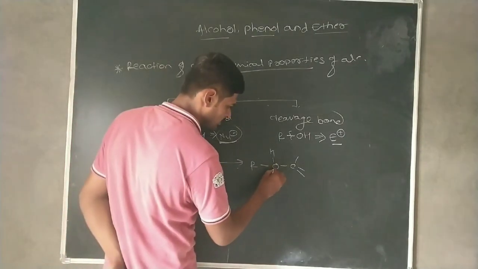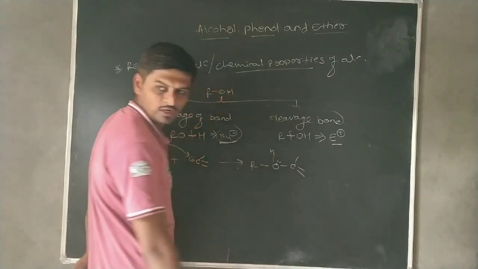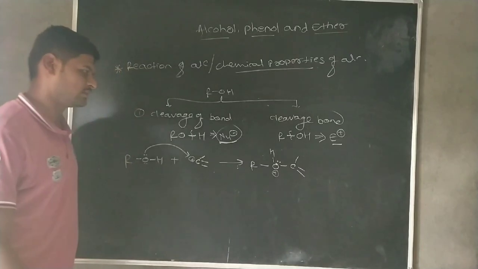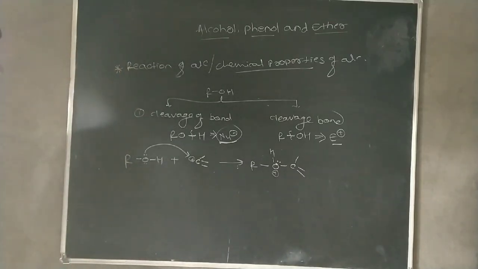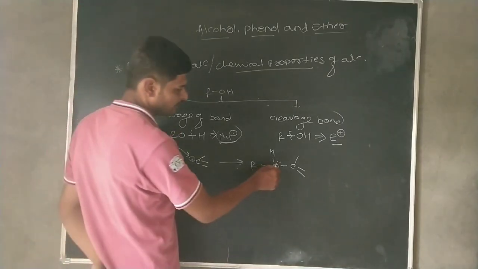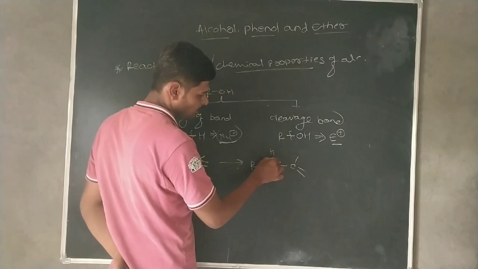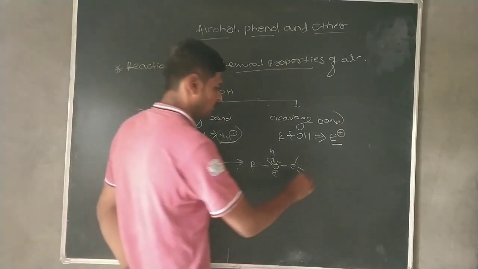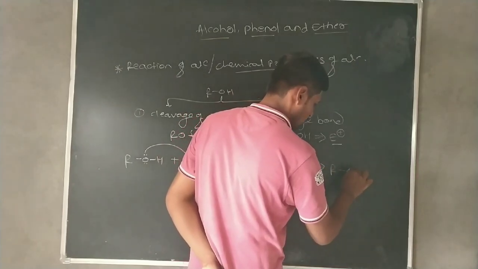After bond formation, the oxygen uses one lone pair, and therefore this oxygen carries the positive charge, and there is a formation of a protonated product. After this protonation, the bond between oxygen and hydrogen atom is delocalized on the oxygen atom, then it forms R O C.